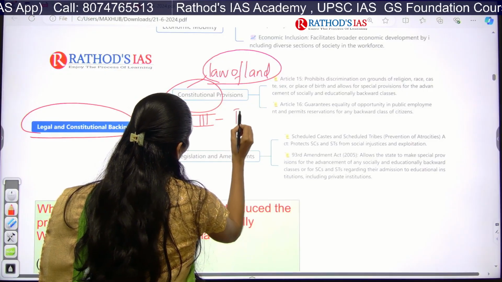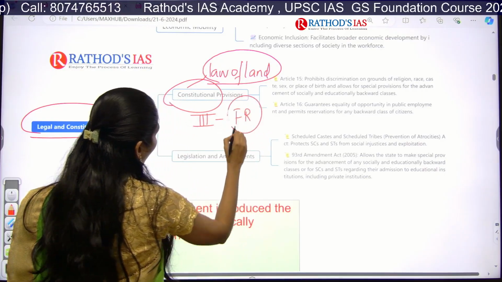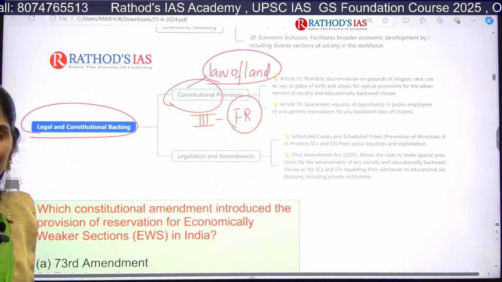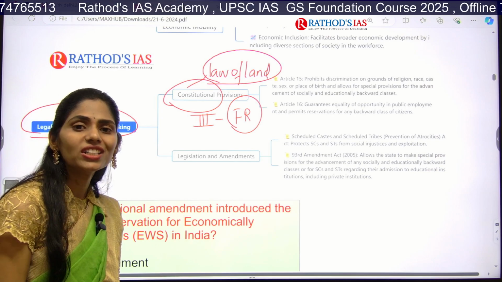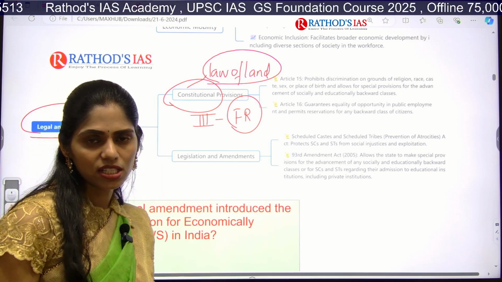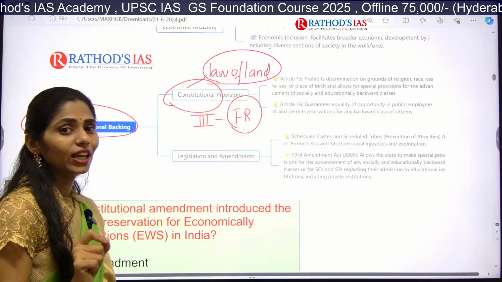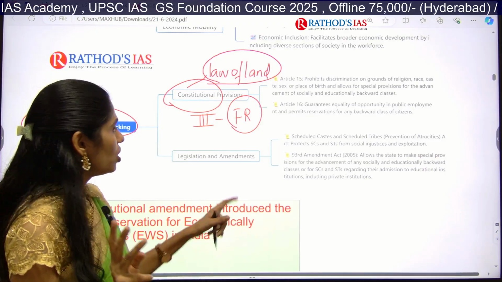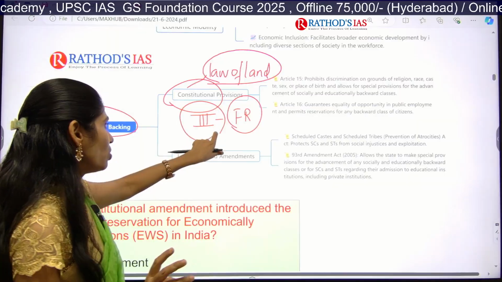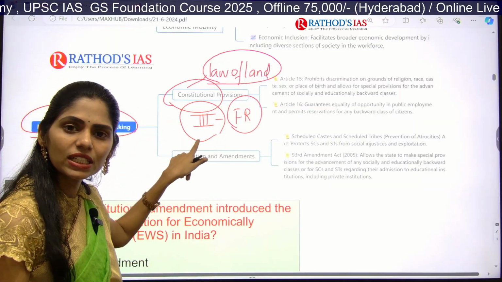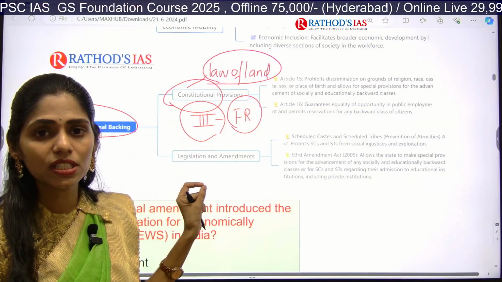Part 3 talks about fundamental rights, and in UPSC prelims 2024, a question directly came regarding the parts. They asked which part the emergency is present in, so you have to focus on the parts also. Fundamental rights are present in the third part and the DPSP is present in the fourth part.